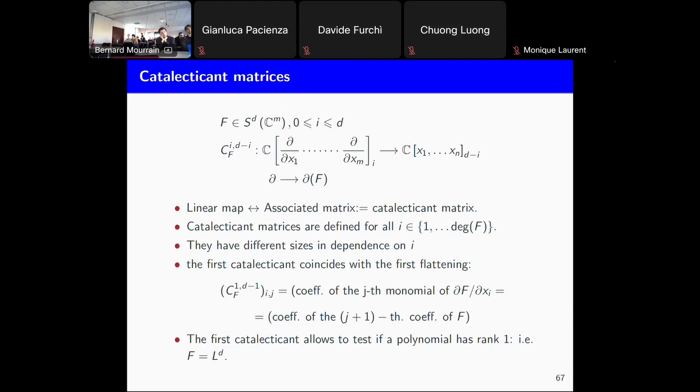Yesterday we said that rank 1 tensors are defined by the 2 by 2 minors of flattenings. So instead of this very complicated way of taking all the subindices and dividing them into pieces, I can do catalecticants that are easy. I just take the first partial derivatives and look at the rank of these matrices. If they have rank 1, I'm happy.